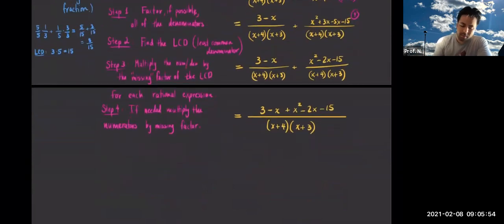So then step 5 is you combine the numerators under a single denominator. In this case, it's the LCD. And then I can combine like terms. So this is step number 5.